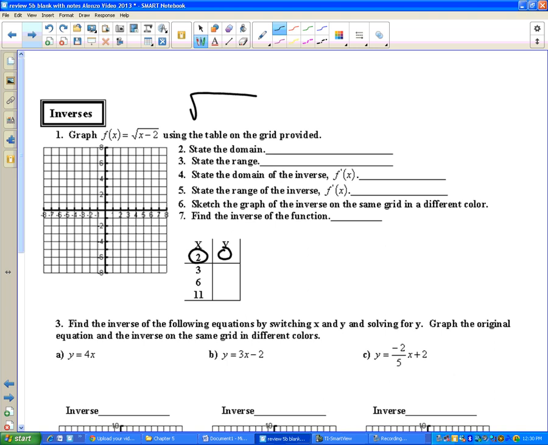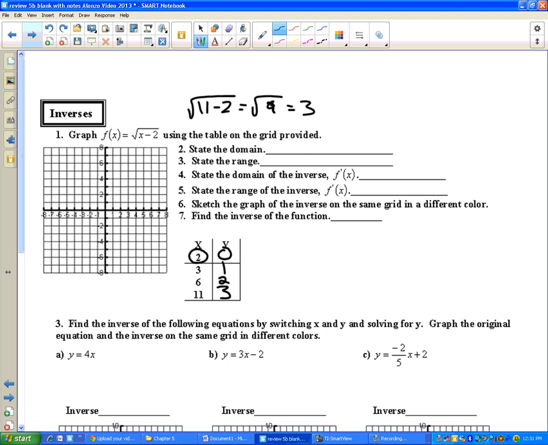The square root of 3 minus 2 is the square root of 1, which is 1. The square root of 6 minus 2 is the square root of 4, which is 2. And lastly, the square root of 11 minus 2 is the square root of 9, which is 3.